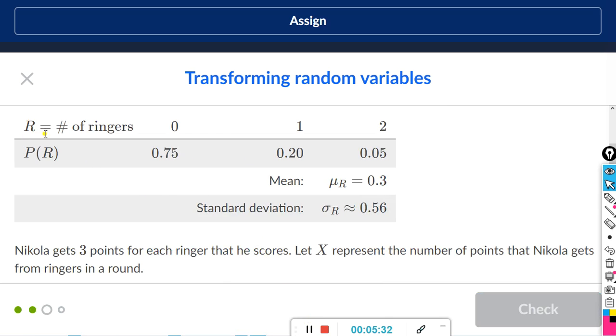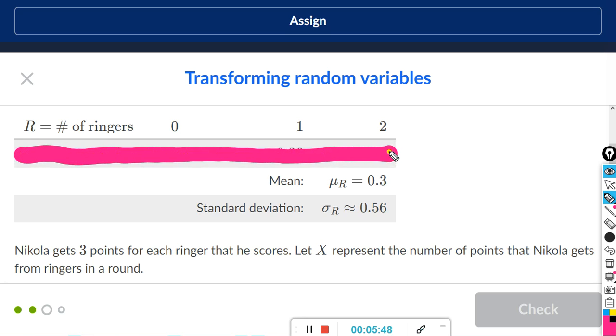Just looking at the table, R is the number of ringers, and they give us the mean of R and the standard deviation of R. A lot of the stuff they're giving us on the table is just unnecessary. You don't need the probabilities here at all. You just need the mean and standard deviation.